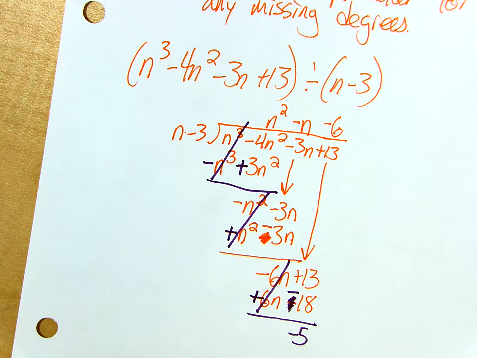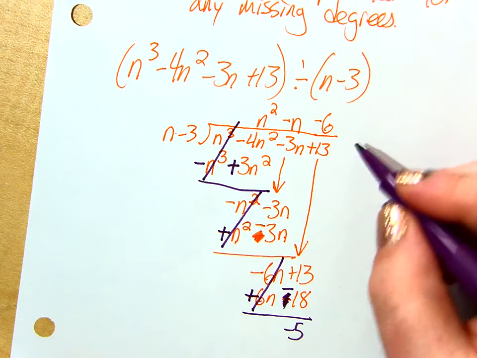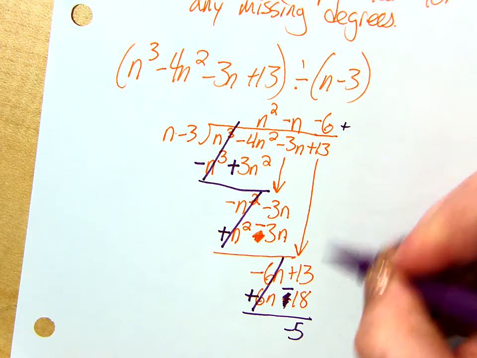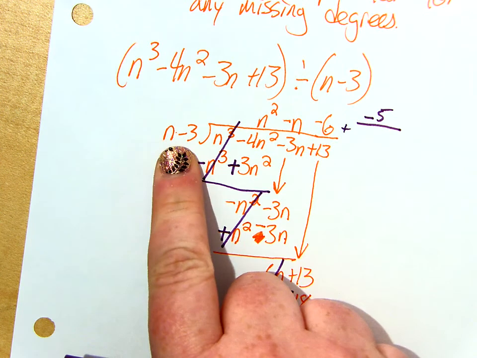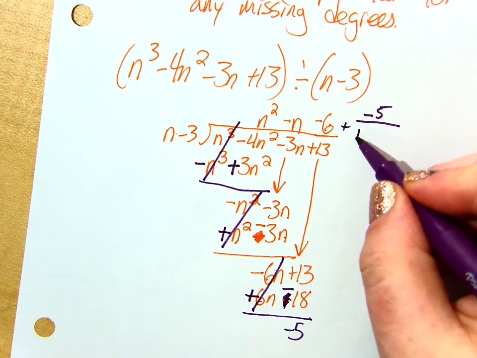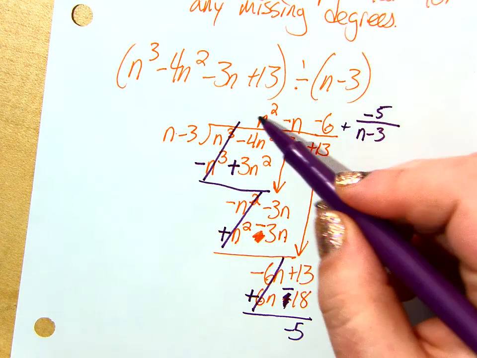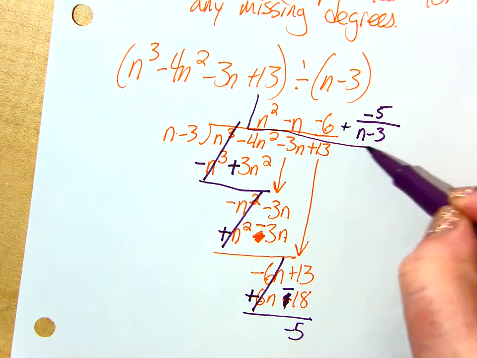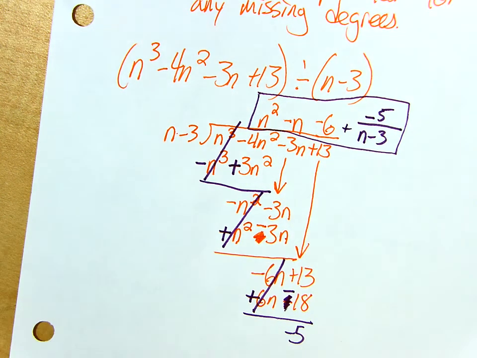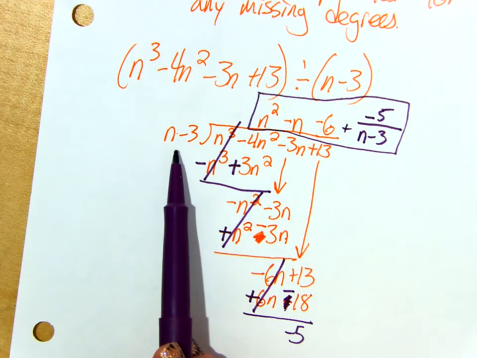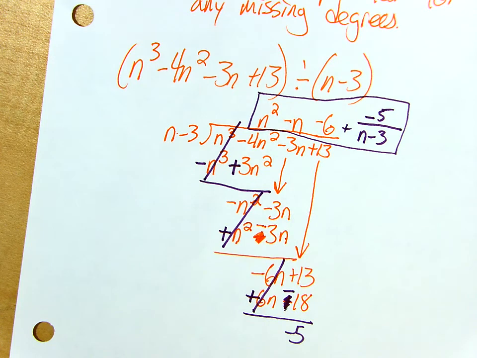So how are we going to write it? You're just going to write it as plus whatever my remainder is, negative 5 over whatever you were dividing by, n minus 3. And this whole thing right here is my answer. So when you divide that original crazy polynomial by this binomial, that's what comes out.